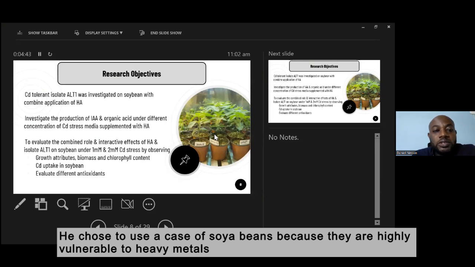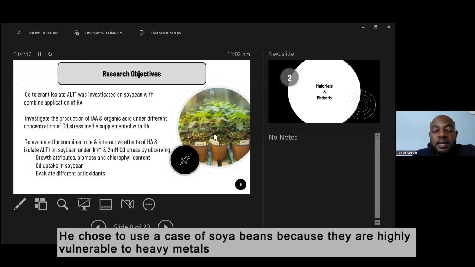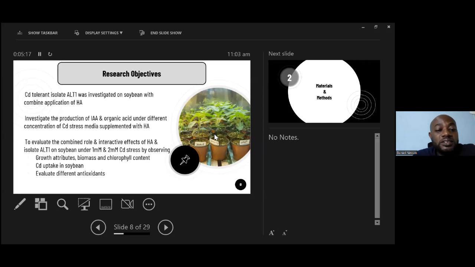So this actually led to the design of this research, which basically was to investigate or first screen out various microbes that have those properties and actually test them on the plant. For this research, we used the soya bean because research has shown that it is very vulnerable to some of these heavy metals, especially at the formative stages.